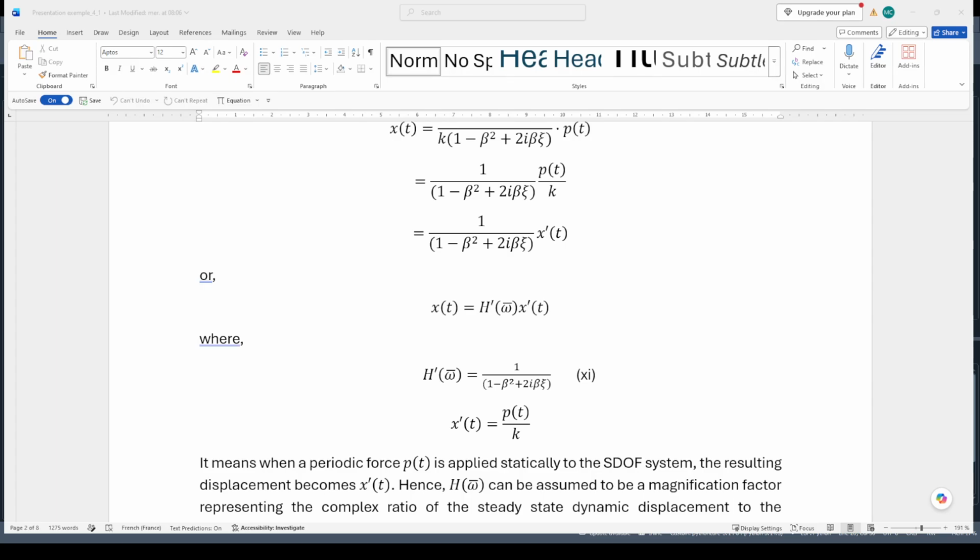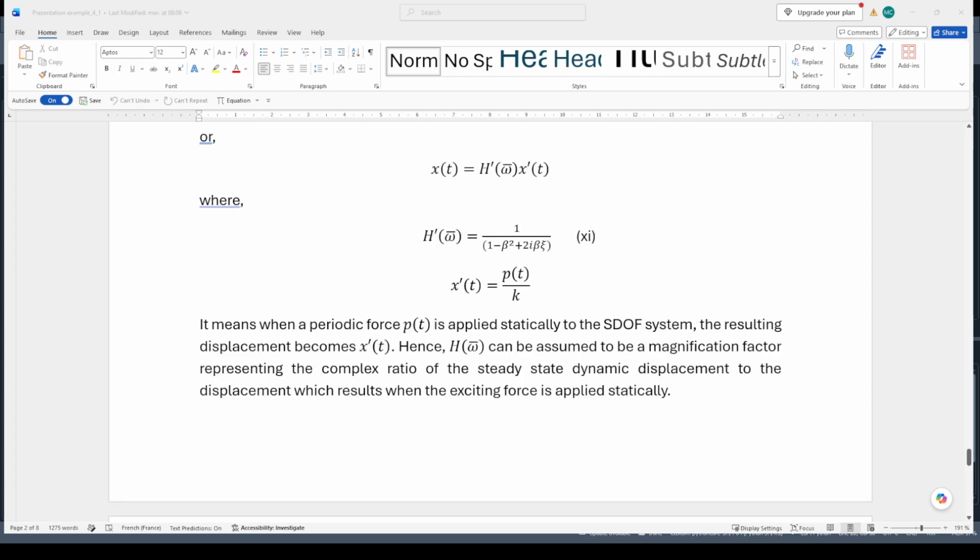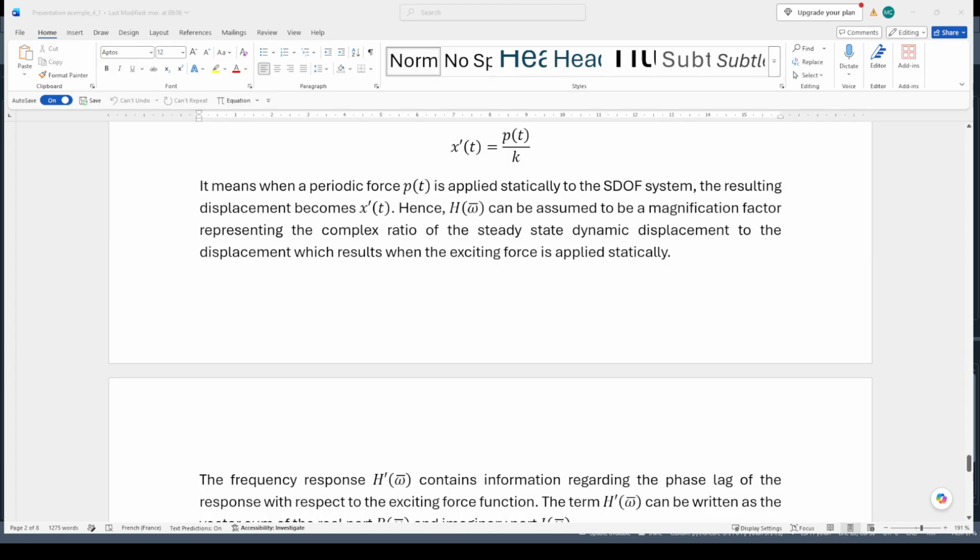So H prime omega bar is equal to this equation, and x prime(t) is equal to P(t) over k. It means when the periodic force P(t) is applied statically to the SDOF system, the resulting displacement becomes x prime(t). Hence H omega bar can be assumed to be a magnification factor representing the complex ratio of steady state displacement to the displacement which results from the exciting force applied statically.